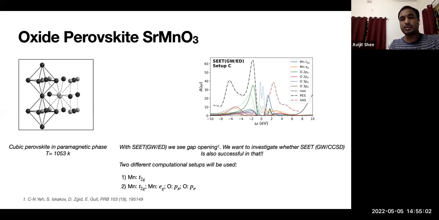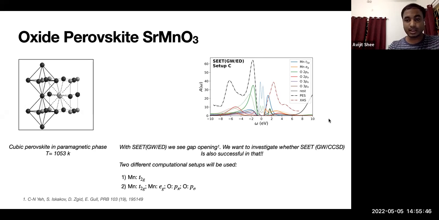If self-energy embedding theory with an ED solver is used, it can open this gap, as reported in this work. We took this example for the CCSD solver because it is considered quite a tough problem; various previous works could not really produce it, and the gap can be opened only by using outer loop self-consistency. So this could be quite a good test for the CCSD solver.